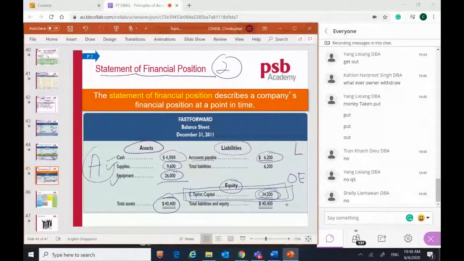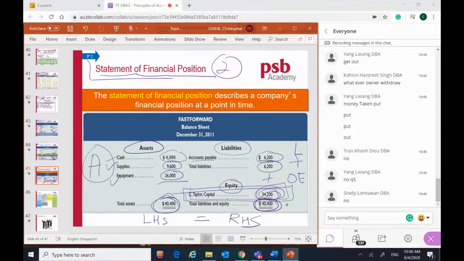Your total assets, 40,400, must be equal to your liability, 6,002, plus the owner's equity, 34,200. If you add these two up, can you see it's equal to 40,400? Can you see that your left hand side must be equal to your right hand side? In other words, it must balance.